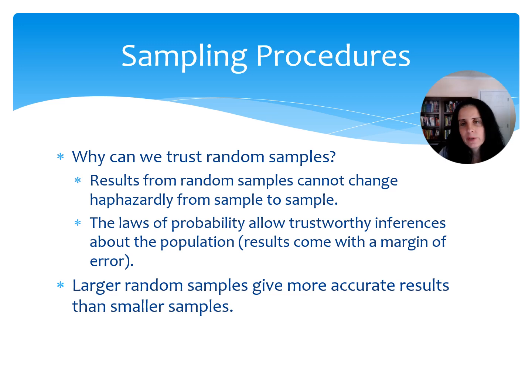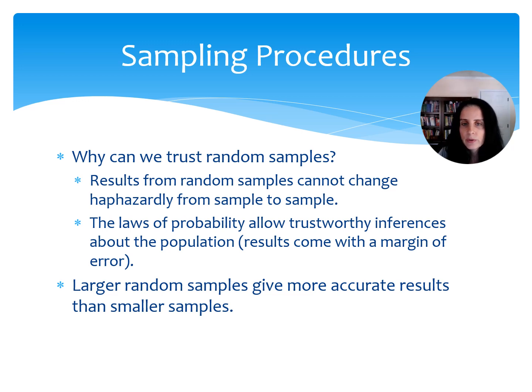One thing that you may ask yourself is, why is random selection the best option? It's because results based on random samples are supported by the laws of probability. If several different random samples are selected from the same population, results are not going to be drastically different between these groups. Furthermore, the laws of probability ensure that the results are generalizable to a certain extent to the entire population.